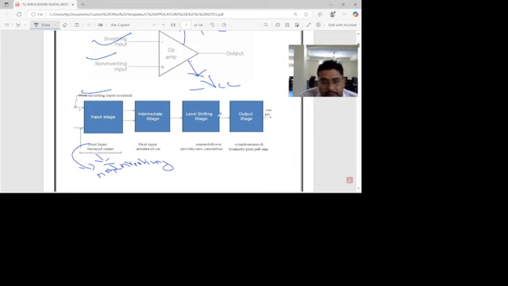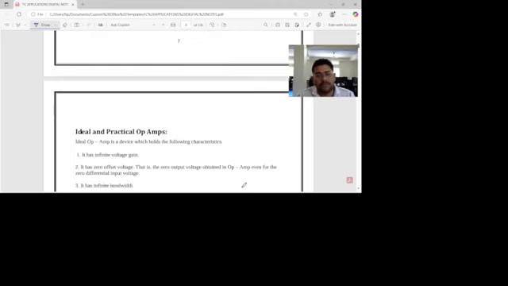Third is the level shifter, the intermediate stage, the level shifting stage with emitter followers that put a constant current load. Then the output stage, with comprehensively symmetrical outputs.